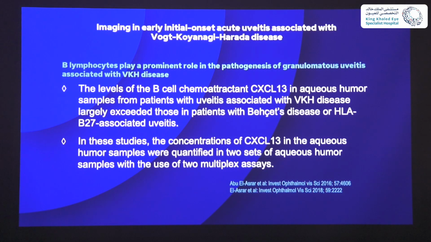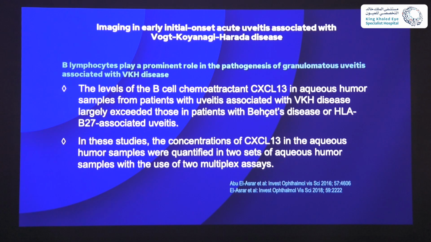Related to imaging, looking for biomarkers of inflammation is also imaging, because biomarkers of inflammation will help us to find new targets for treatment. Through the years, we were looking at different biomarkers, comparing VKH, Behçet, HLA-B27, sarcoidosis, and others.